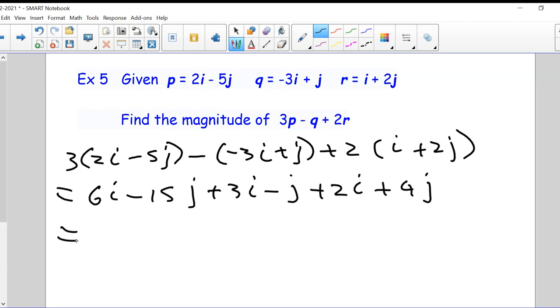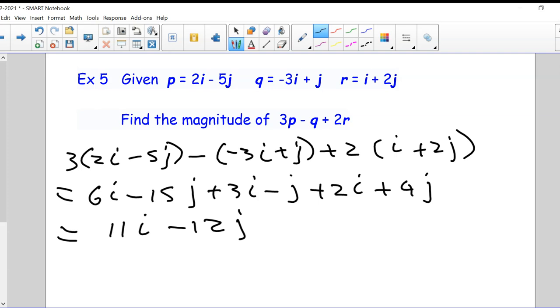Let's put our like terms together now. 6 plus 3 is 9, plus 2 is 11i. So minus 15 minus 1 plus 4 is minus 12j. Okay, so these represent our components that give us a basis vector.